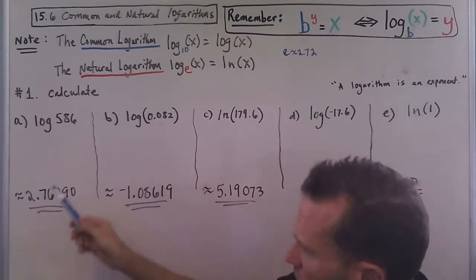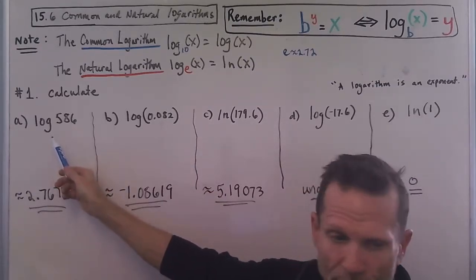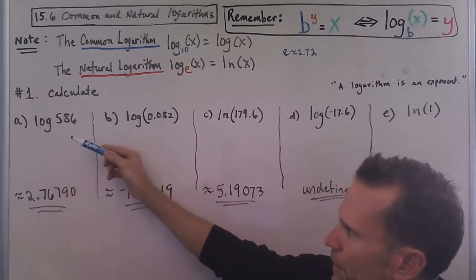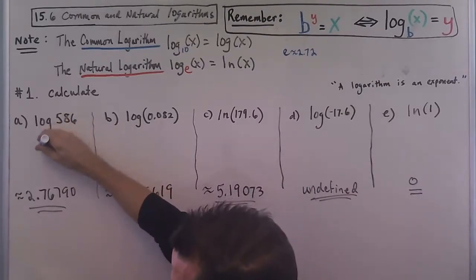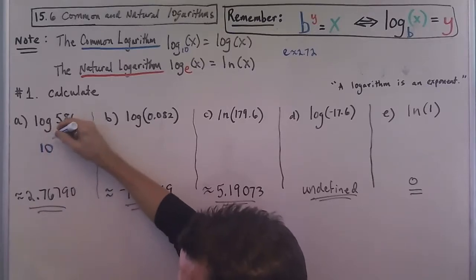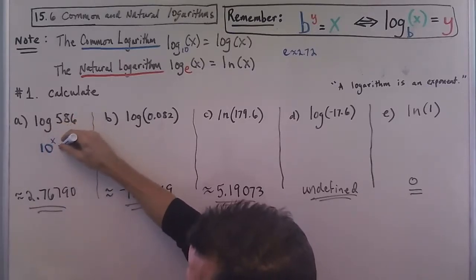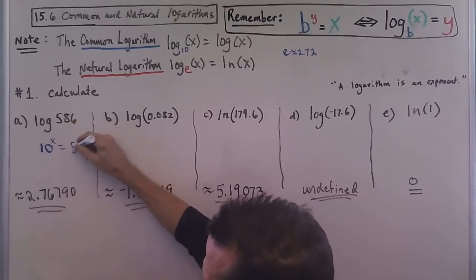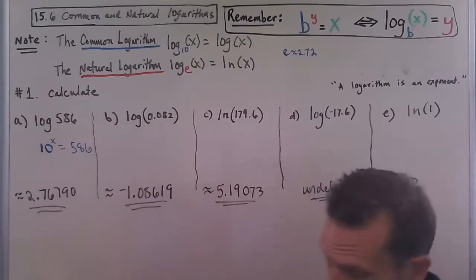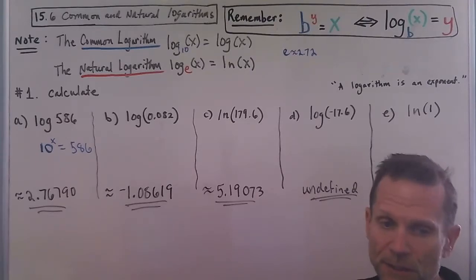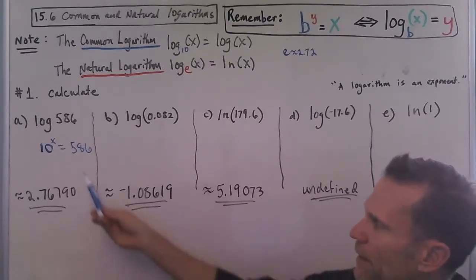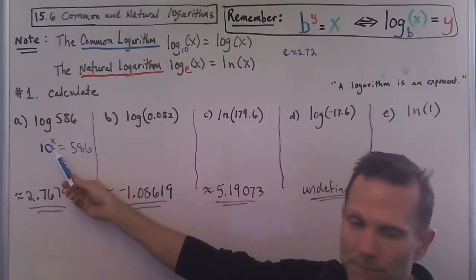But when you look at this problem, you can do that right on your calculator, but what you're trying to essentially find here is 10 to what power is equal to 586. Now, if it said 10 to what power is 100, that would be easy to do. We'd say 10 to the second power, but this is not an easy problem to do in our head.